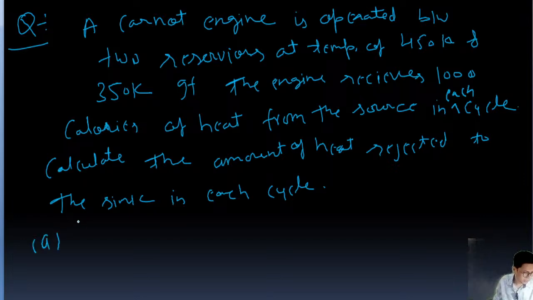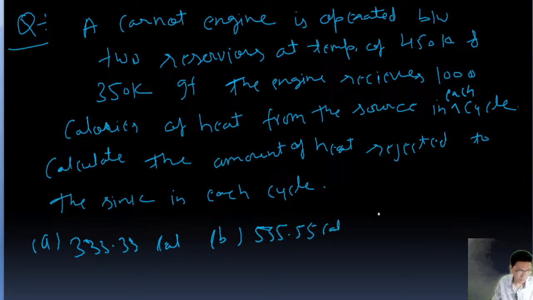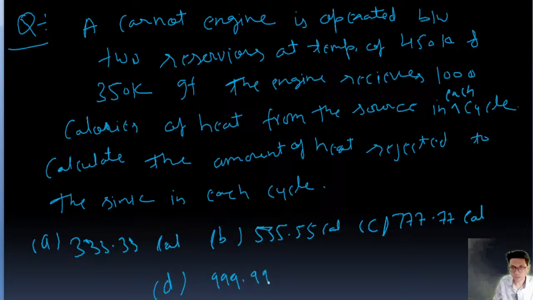Option A is 3.33 calorie. Option B is 555.55 calorie. Option C is 777.77 calorie, and option D is 999.99 calorie.